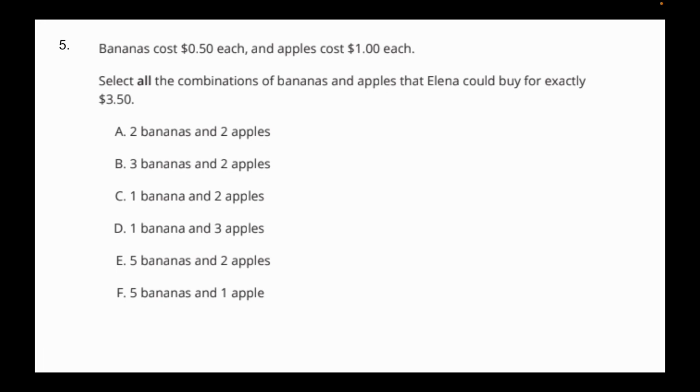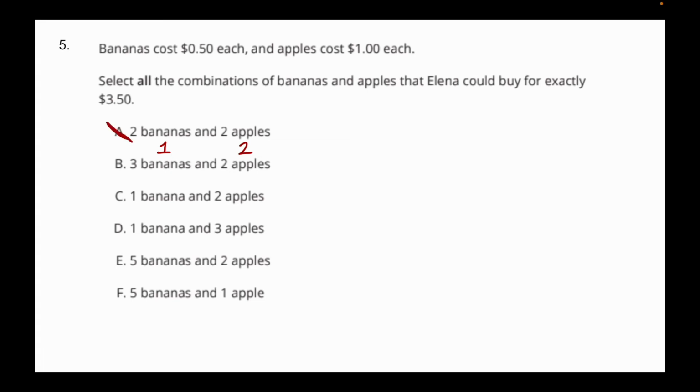And Elena's cost is $3.50. So I'm just going to write underneath each one how much it would cost. Bananas is going to cost $1 because they're 50 cents each, so I'm multiplying that 50 cents by the 2. And then this one's going to be $2.